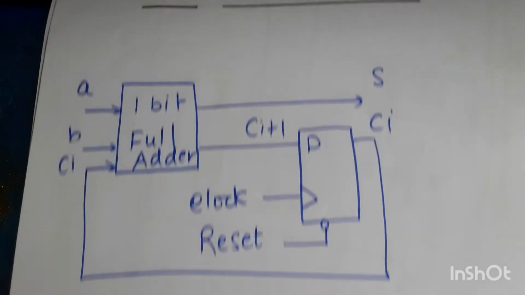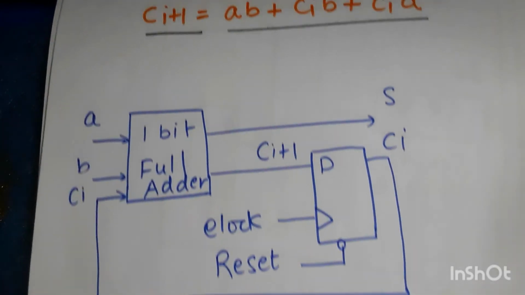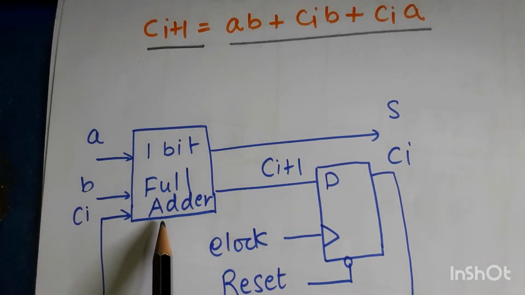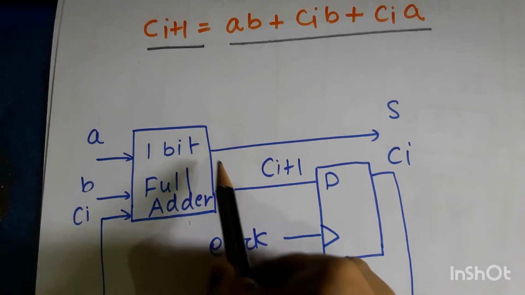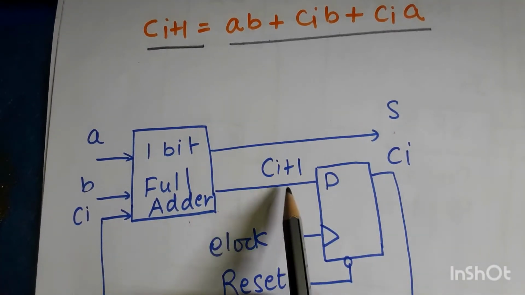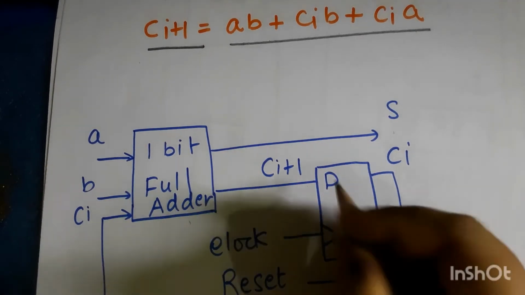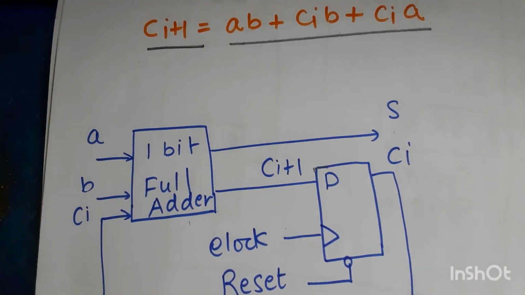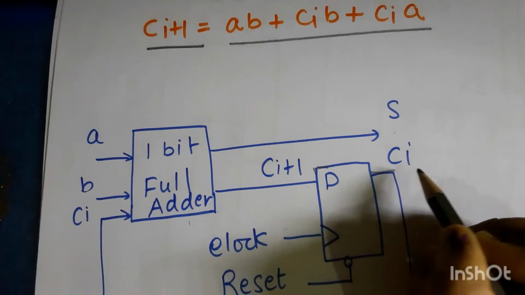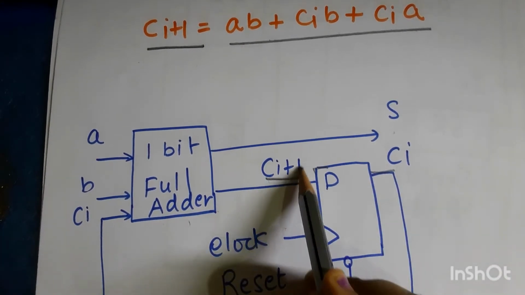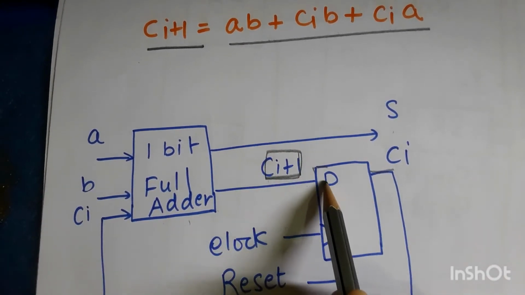And how would the adder FSM look? It is a 1-bit full adder that gives us the sum and the next carry, Ci plus 1. A D flip-flop stores the Ci plus 1 value, which is given to the D flip-flop.